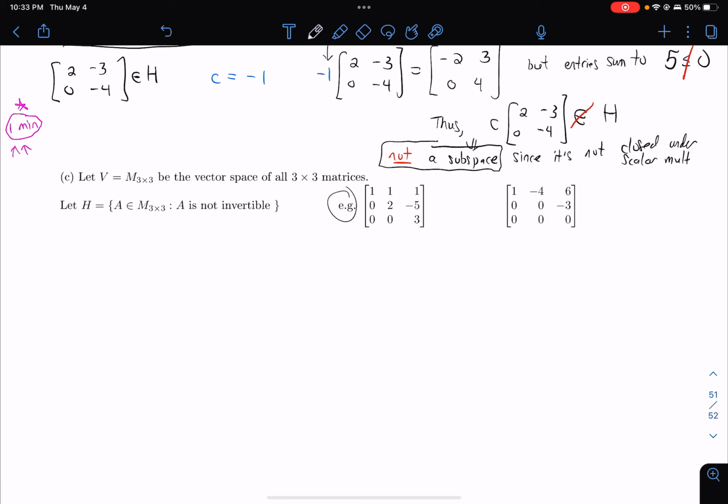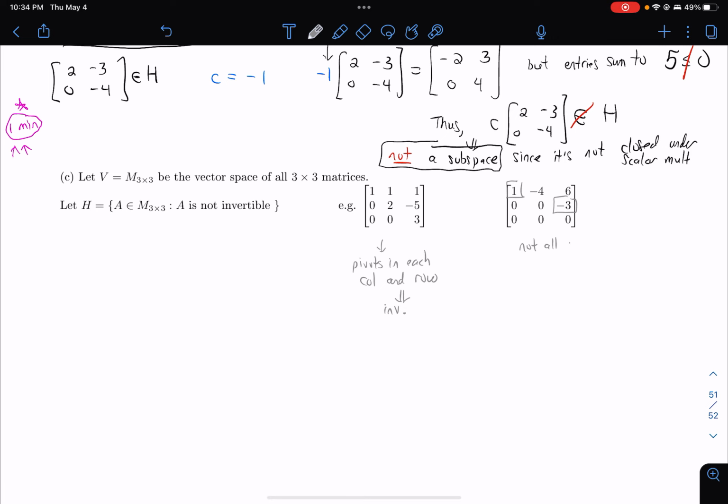Let's look at some examples to get a feel for what things are in H and what's not. In this first matrix, is it invertible or not? Well, this has pivots in each column and row, so it is invertible. I'll just write inv. The next matrix, well, the pivots are just this one and this -3. So there's no pivot in the third row. There's also no pivot in the second column.